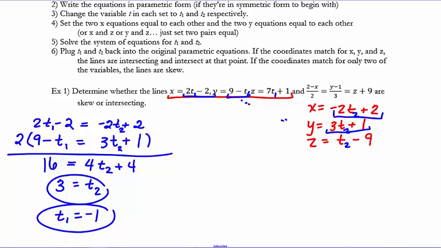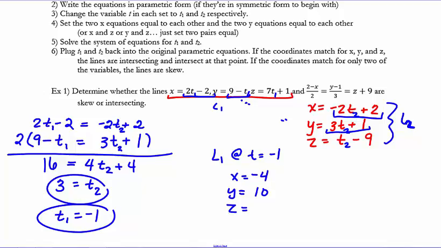So let me go back and check this. So L1 at t equals negative 1, we'll call this guy L1 right here and this guy L2. So L1 at t equals negative 1, x is going to equal negative 4, y is going to equal 10, and z is going to be negative 6.